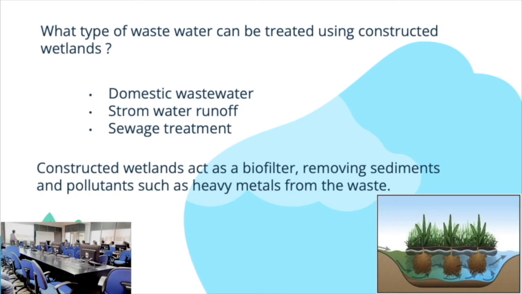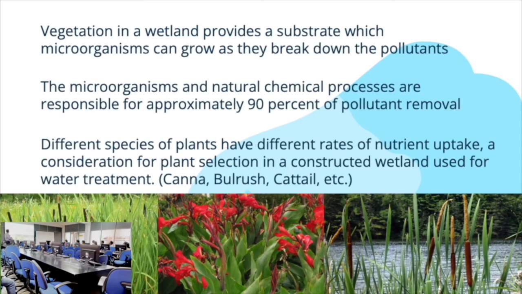And when we discuss vegetation, vegetation provides the wetland a substrate on which the microorganisms can grow. The root system of the plant helps the microorganisms to grow inside our media, and they act as major contributors to the pollutant removal process.